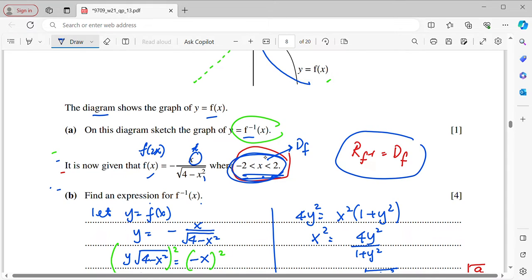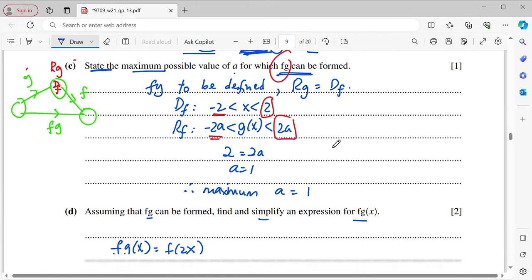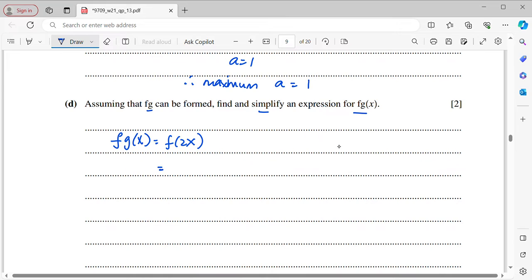So I will be getting negative 2x over square root 4 minus 2x squared. And then this is going to be negative 2x over square root of 4 minus 4x squared.